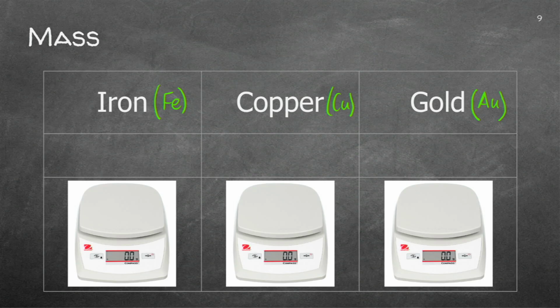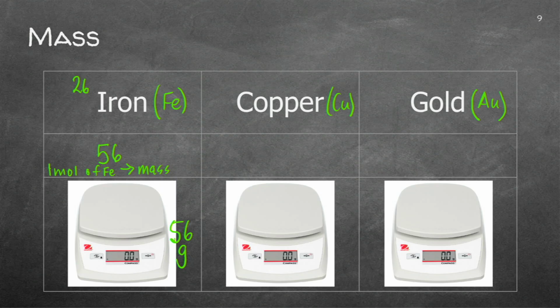Can you see iron is number 26, and the mass at the bottom is 56. What does it mean? 1 mole of iron will have a mass of 56 grams.